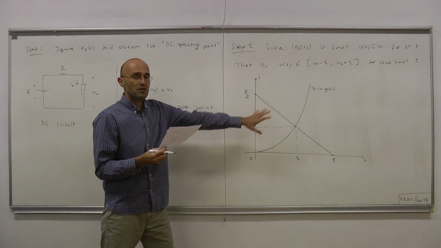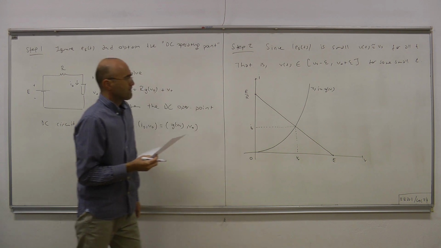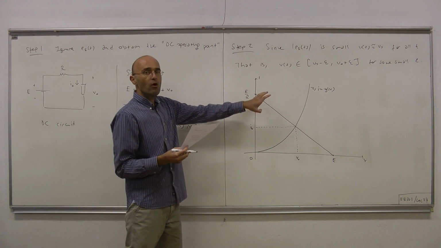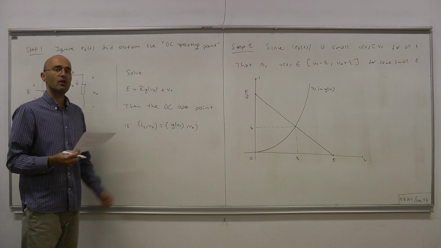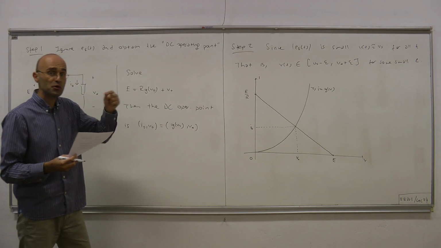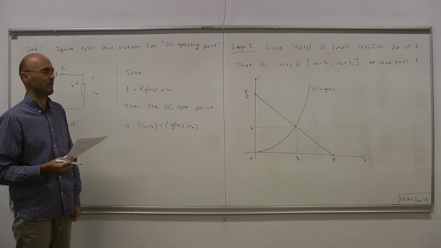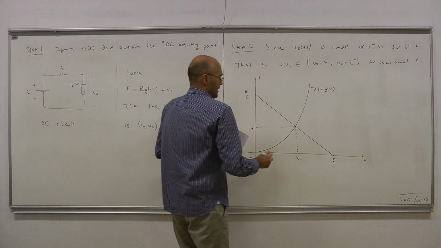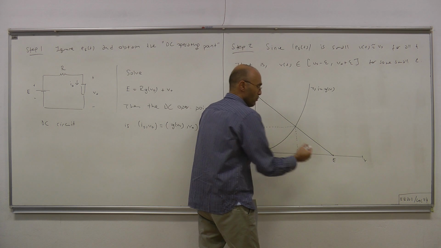Now that's what happens when we have no AC component, or when we ignore the AC component. Now what happens if we introduce also the AC component into the picture?